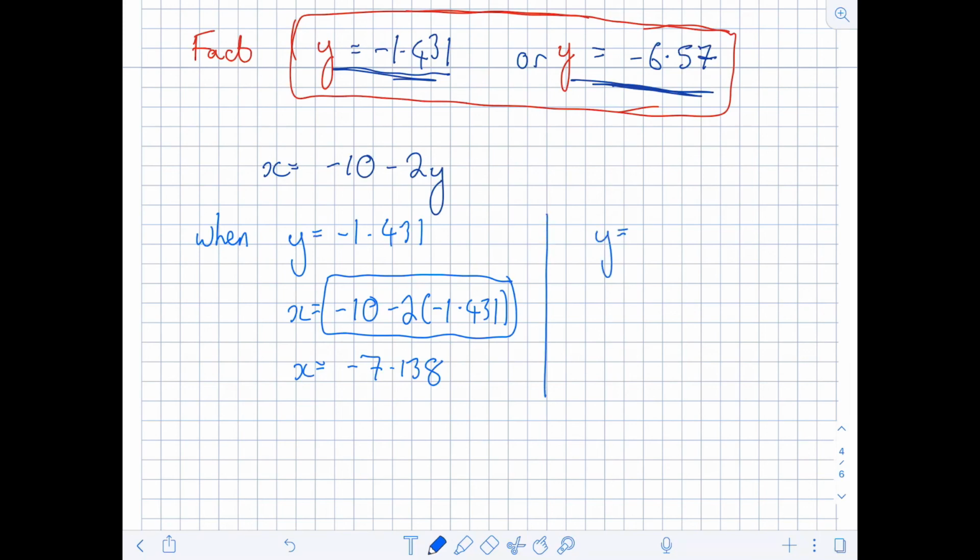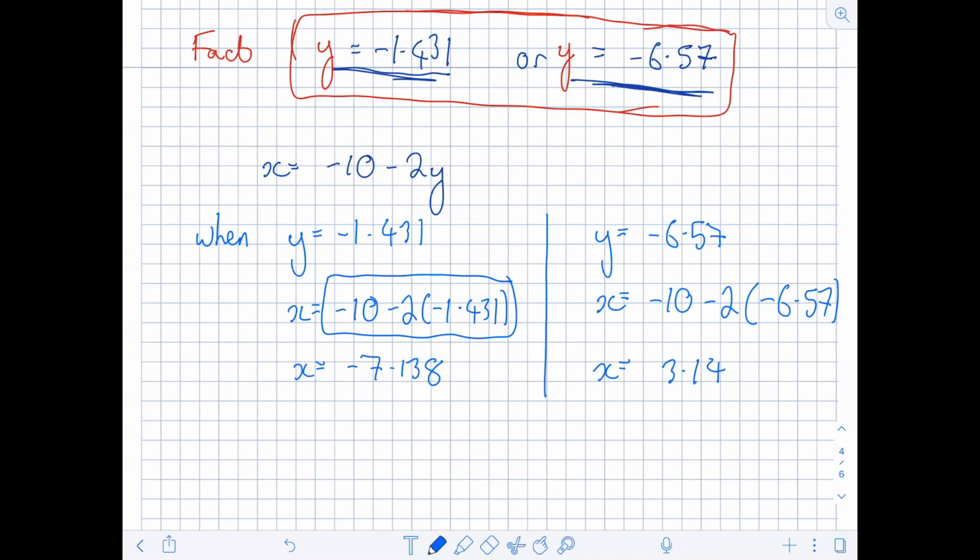y is equal to minus 6.57. x is equal to minus 10 minus 2 times minus 6.57. Again I can put that into my calculator, minus 10 minus 2 bracket minus 6.57, and that's equal to 3.14.